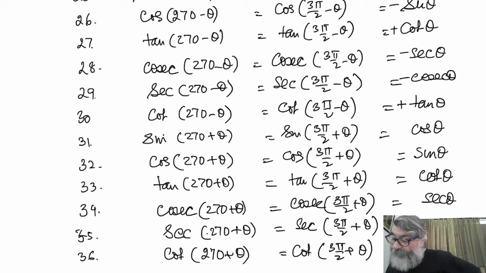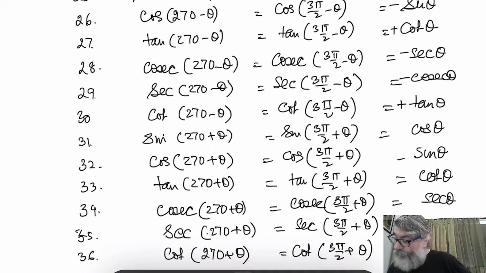I'll have to go back and check earlier also. Sine changes into cos. Cos changes into minus sine theta. Tan will remain. No, only cos is positive. Sorry. In the fourth quadrant, you see, you make a mistake like this.